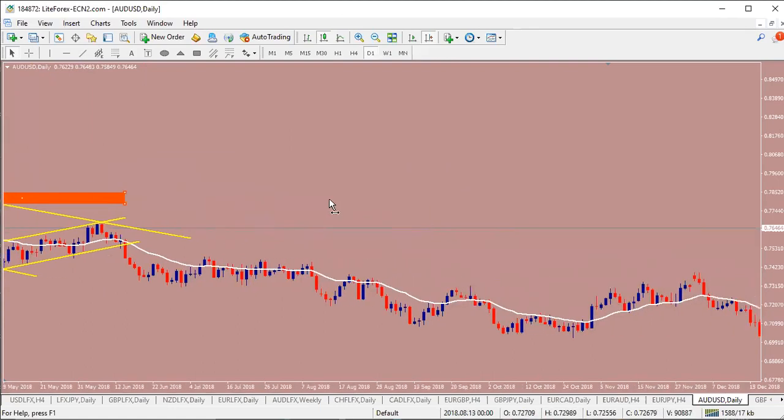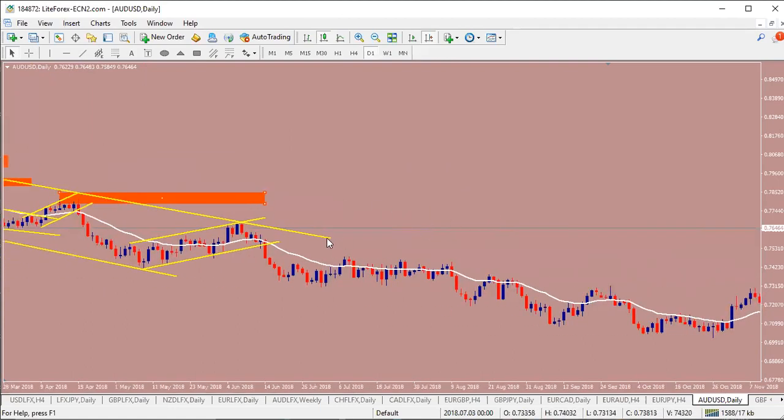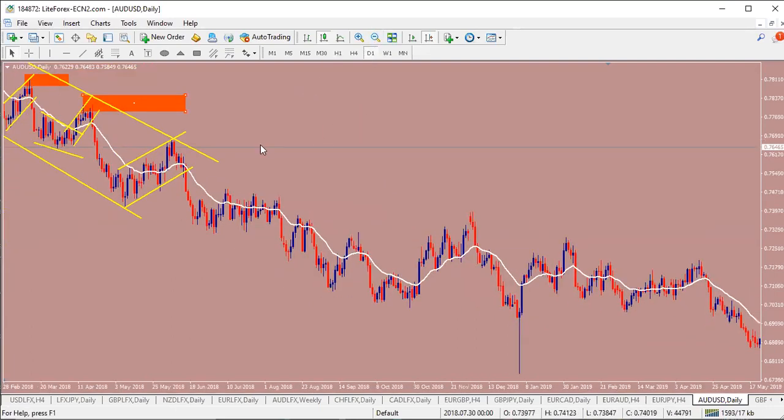Now, what happened? I want to continue drawing my chart lines. Now, I can still make use of this particular trend line by extending it to this side. By extending it here, then this. Now, this is already what?